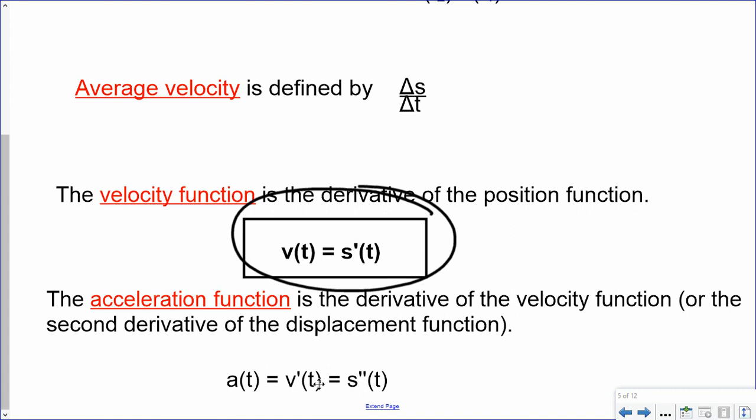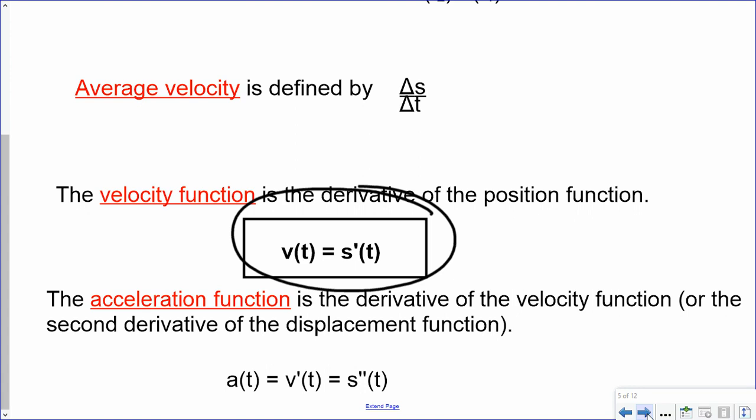So as that relates to the acceleration, it's v prime at t, and the velocity derivative is actually the double derivative of the displacement function. So that's s double prime at t equals v prime at t, and that equals your acceleration function. So to find the acceleration, if you're given a displacement function, you'd have to take the first derivative, find the velocity, and then take the second derivative of the displacement function to find the acceleration.